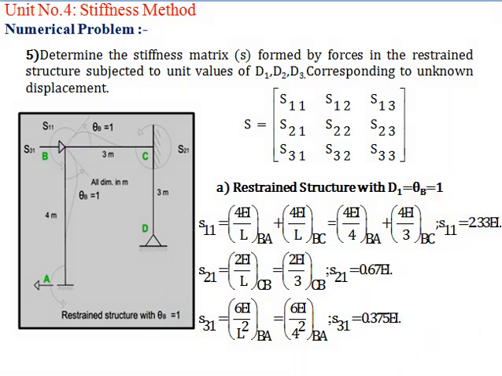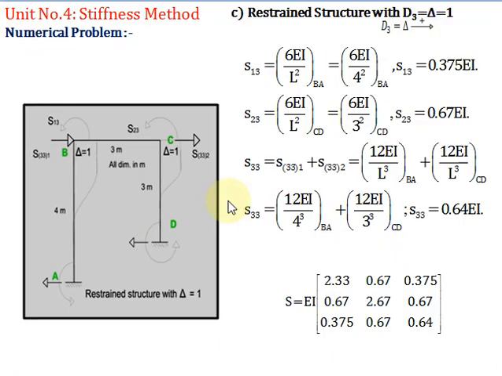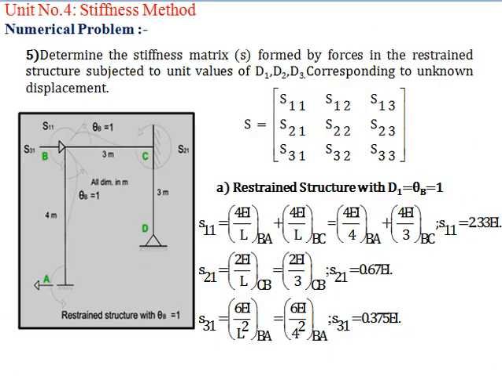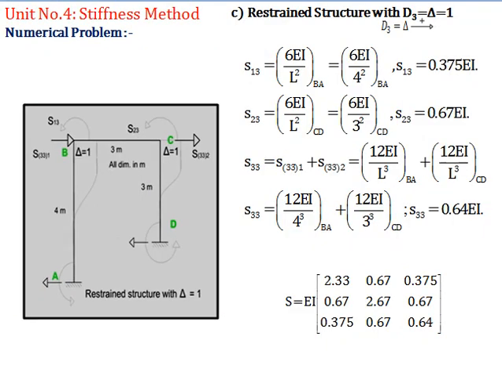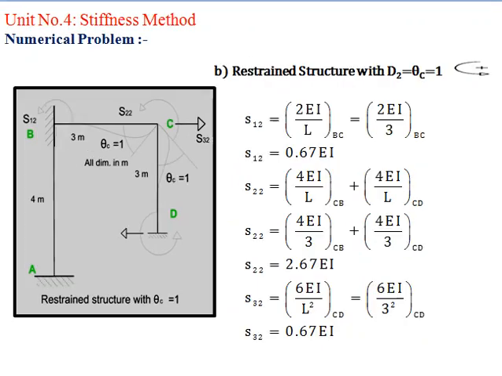After releasing the first unknown, theta B equal to 1, we then released the second unknown, that is theta C equal to 1.